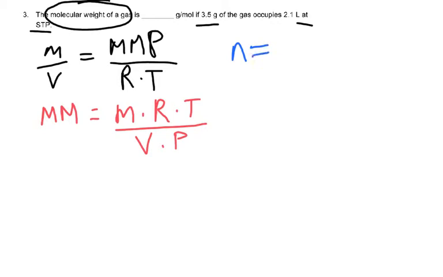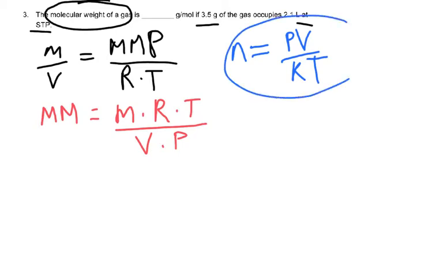If you rearrange that equation, n is equal to PV divided by RT. I would solve for the number of moles and then just divide the grams given by that number of moles. So that's another way you can approach this problem. But since this chapter provides you with this nifty formula, you can just use the formula. However it makes the most sense to you, do it that way.